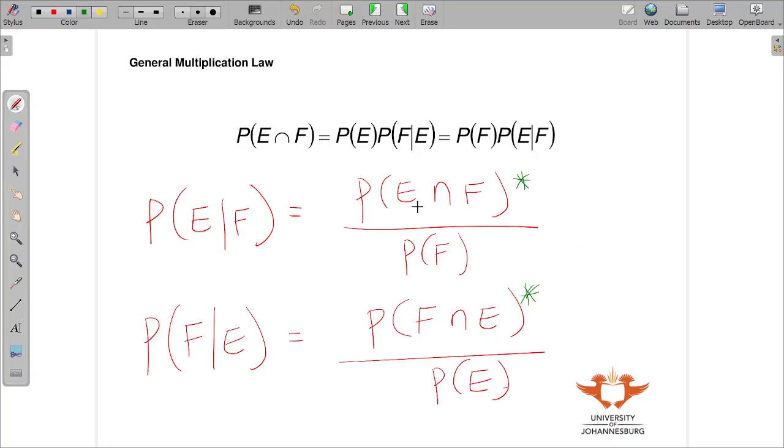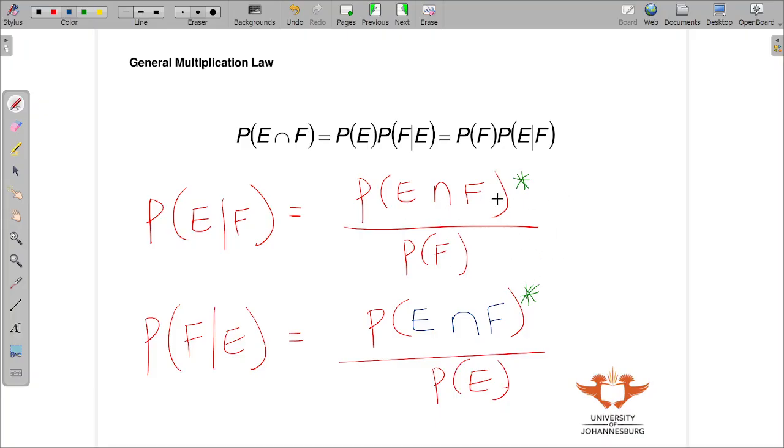Either you write E intersect F or F intersect E, it is the same. But for clarity, it is always good to write alphabetically. So this will be changed to E intersect F. You see, it's now just the same.